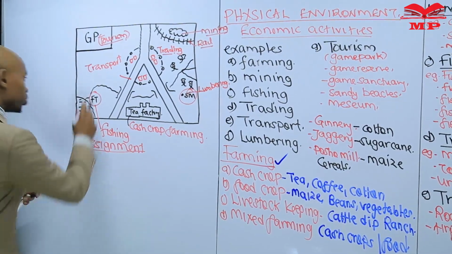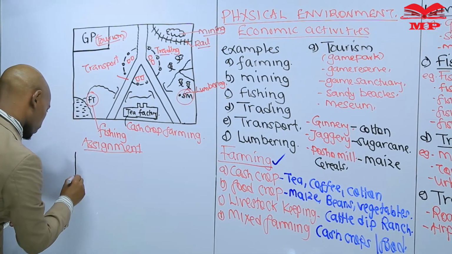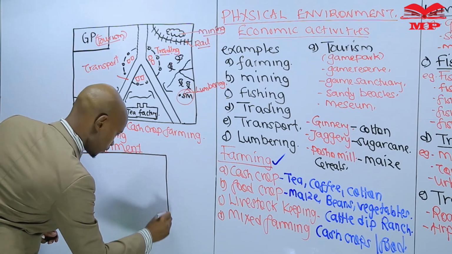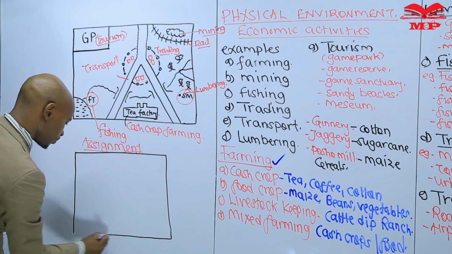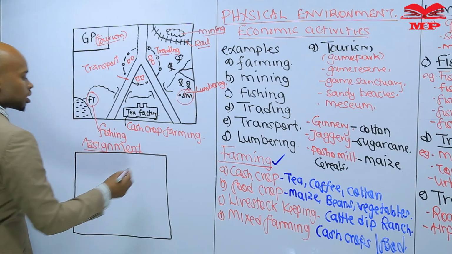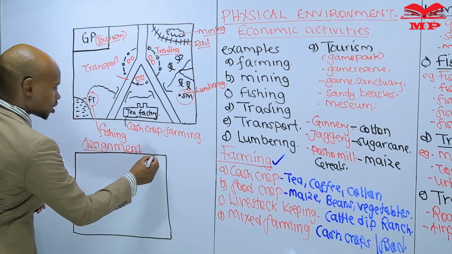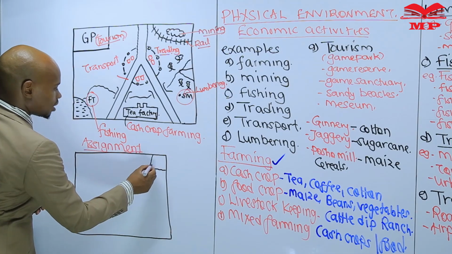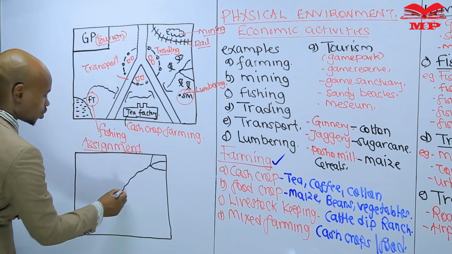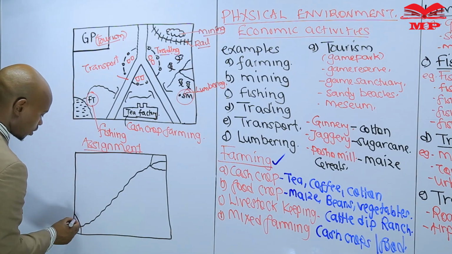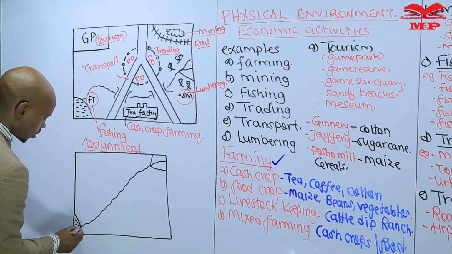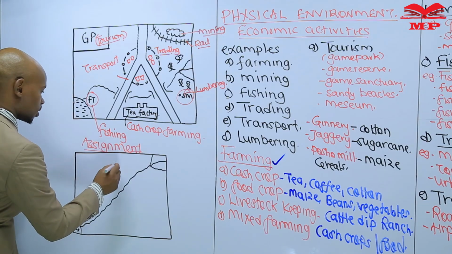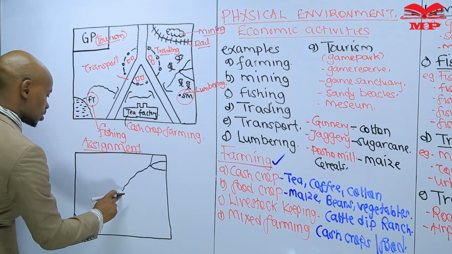Let me have a map for you, just like the one that I have drawn. That is your map here. And in this map, yours is to tell us which economic activities you can see from the map.